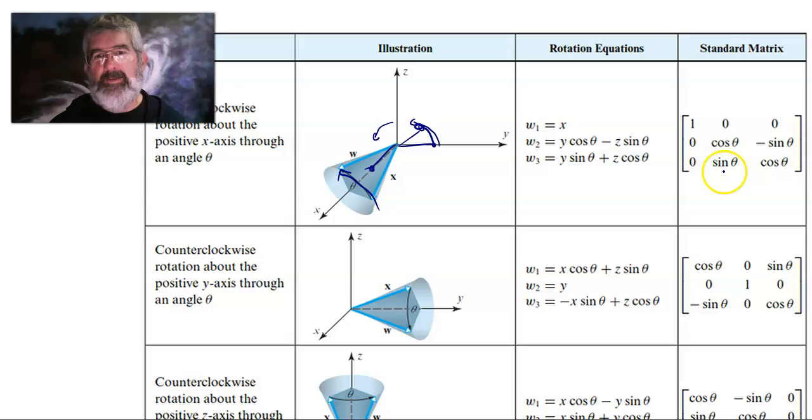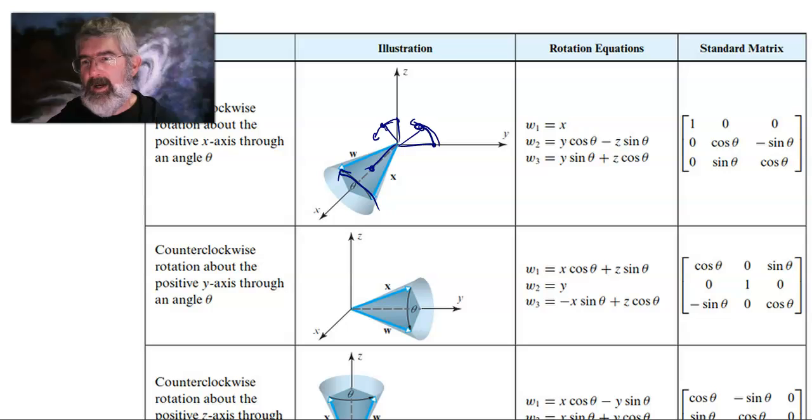So cosine theta, sine theta. And 0, 0, 1 is rotating this way into the negative y's over to there. And so it's 0, negative sine theta, cosine theta. Right? So this little 2 by 2 down here looks exactly like what we did above, because it's just rotation in the y-z plane. Okay.